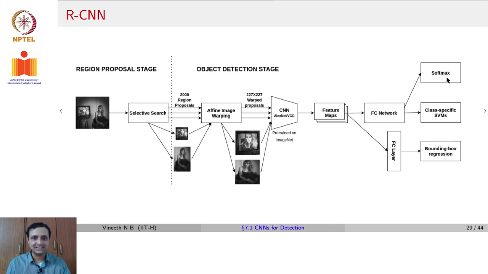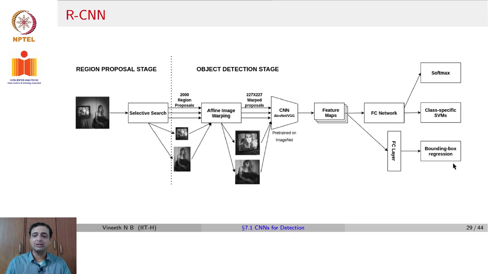You have a softmax component that does classification of each of these regions into one of the known classes that you're looking for while performing detection. It also has an SVM which is actually used for classification. We'll explain that in a moment. And finally, it also takes the feature maps through a different fully connected layer to perform bounding box regression.